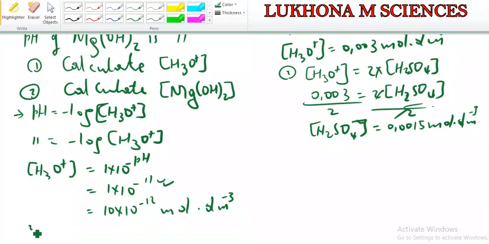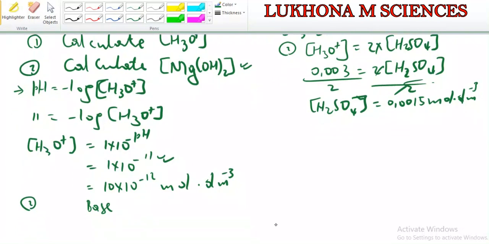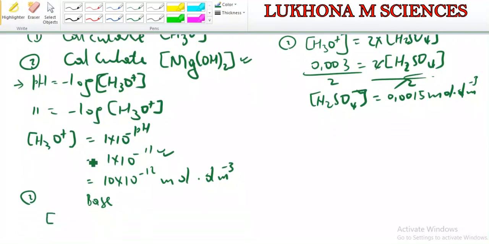Then question number 2: calculate the concentration of magnesium hydroxide. Now, magnesium hydroxide is a base, meaning that we are going to use the concentration of OH minus times the concentration of H3O+, which gives 1 times 10 to the power negative 14.